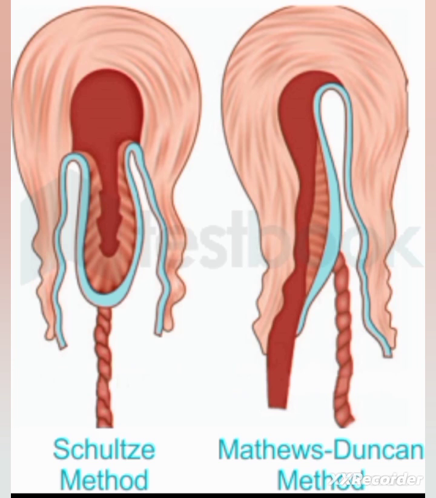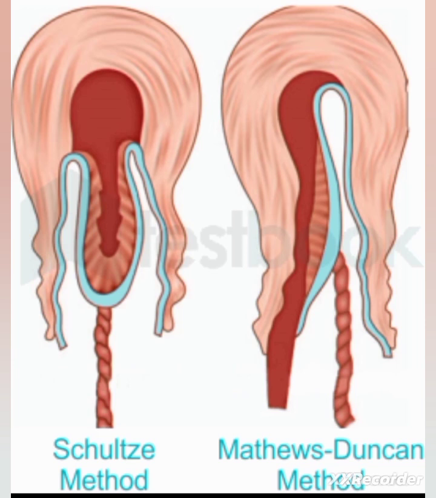Here the separation starts from the center, and the retroplacental hematoma, the weight of the placenta and the contraction help detachment of the placenta. Next is the marginal separation or Matthews-Duncan method. Here, separation starts at the margin as it is mostly unsupported.